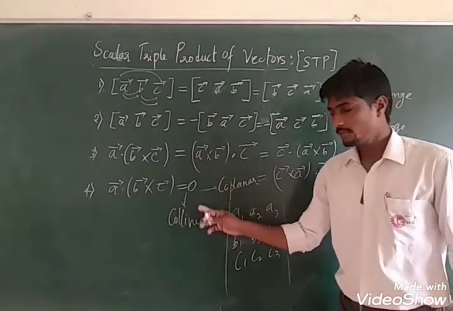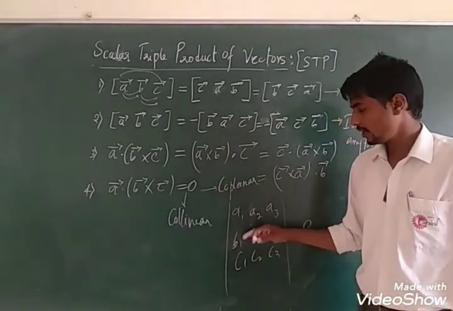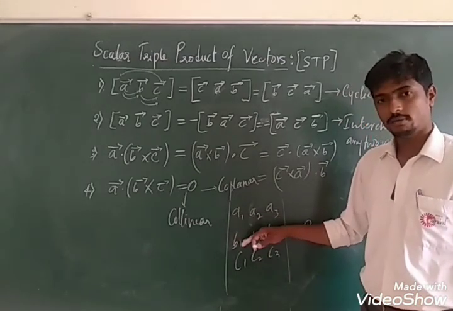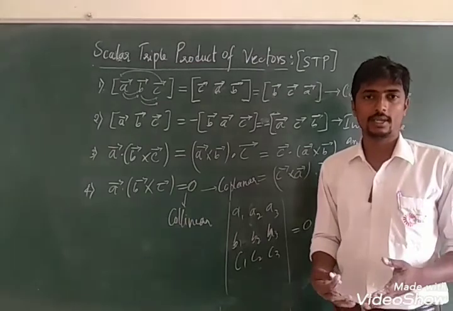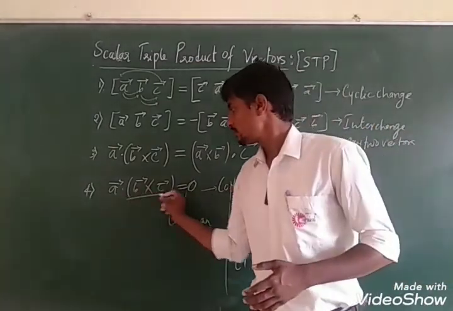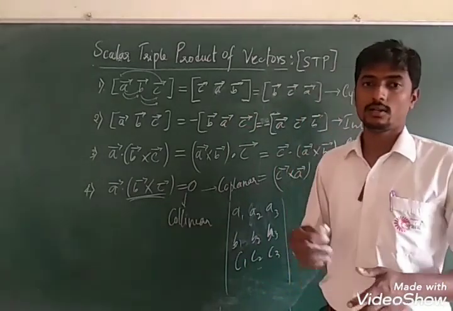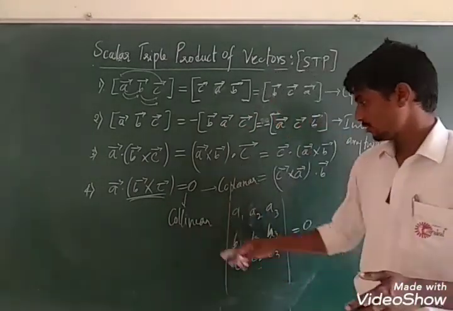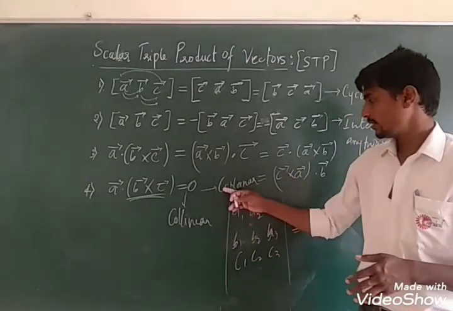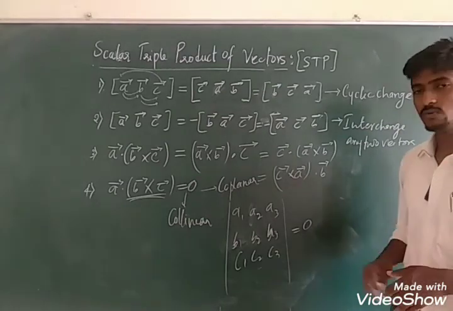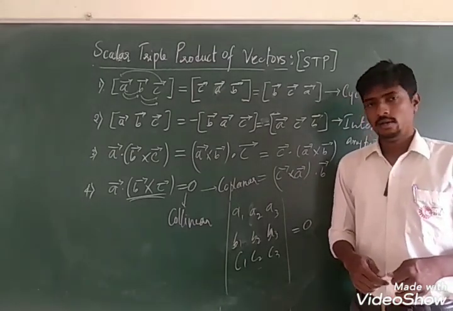For the collinear property, any two vectors are the same, either A equals B or B equals C, and B cross C will be 0. For the coplanar case, all three vectors lie in the same plane, so the value is equal to 0.